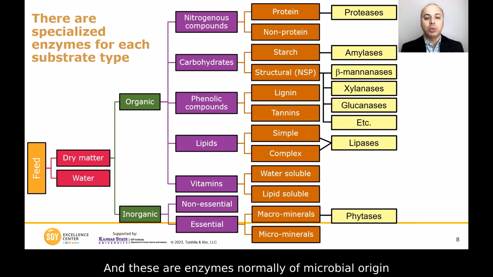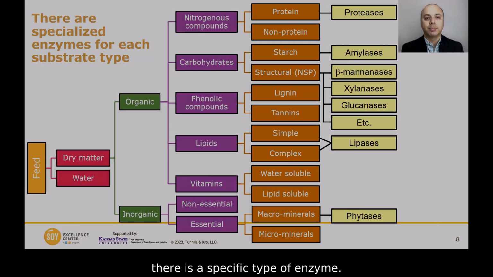These are enzymes normally of microbial origin that are added to the diets of pigs in order to help them digest some of these compounds or to reduce the anti-nutritional effect of some of these compounds. But the bottom line is that for every type of substrate, there is a specific type of enzyme.